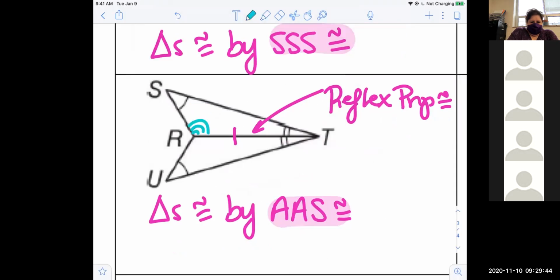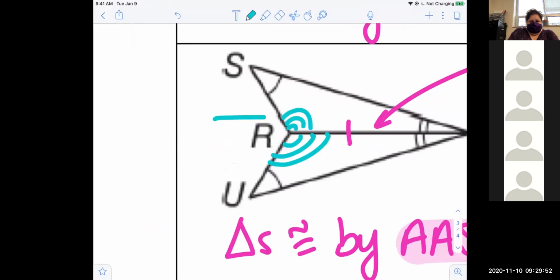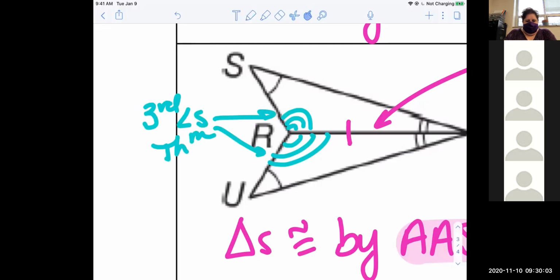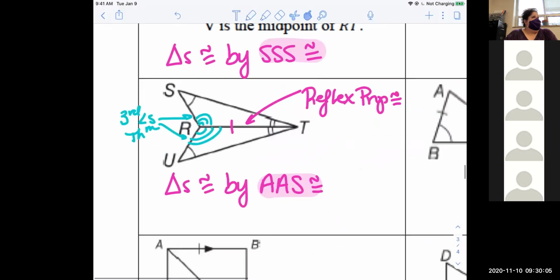How do you know those angles are congruent? Third angles theorem, right? So it would be possible for you to use the third angles theorem, and that would give you a different answer that would also work. In addition to angle, angle, side, you could have also used what?